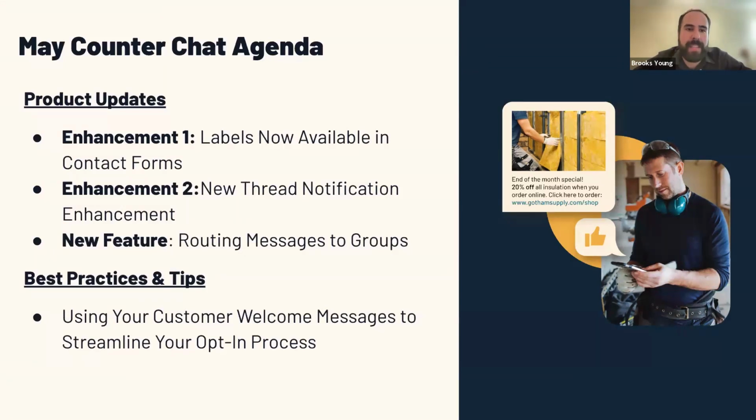And in the second half, we'll be going through some best practices and tips. Today's theme will mostly focus on how you can use your customer welcome messages to streamline your opt-in process. As a reminder, please feel free to use the Q&A portion of Zoom for any questions you may have as we go through here, and we'll be able to address those questions there.